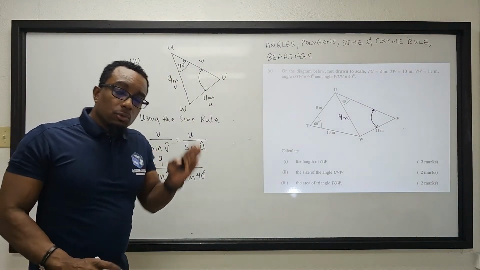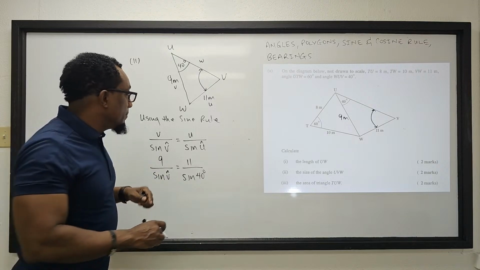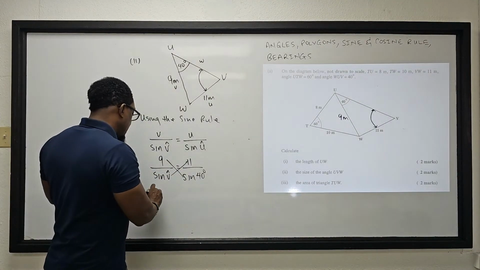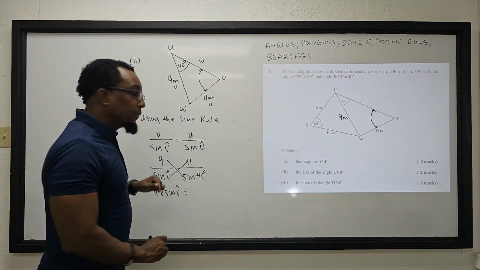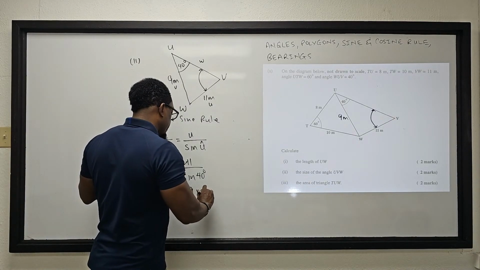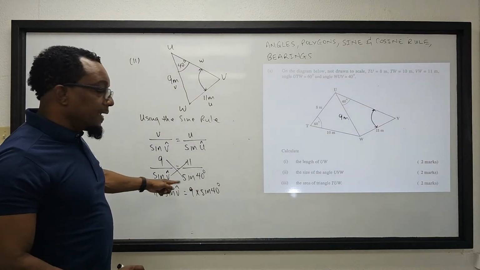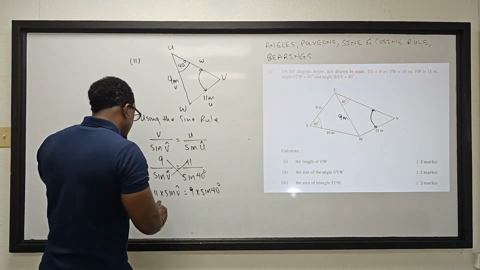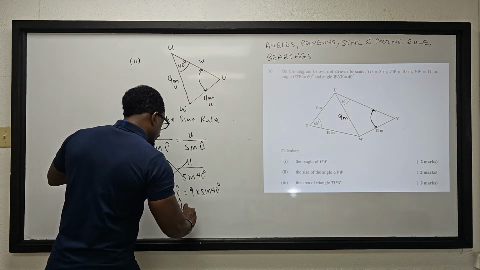Once you have two single fractions on either side of the equal sign, you cross multiply to remove it from the fraction form. So this will be 11 multiplied by sine the angle at V is equal to 9 multiplied by sine 40. To get sine the angle at V by itself, you have to remove the 11. So we will divide by 11 on both sides.